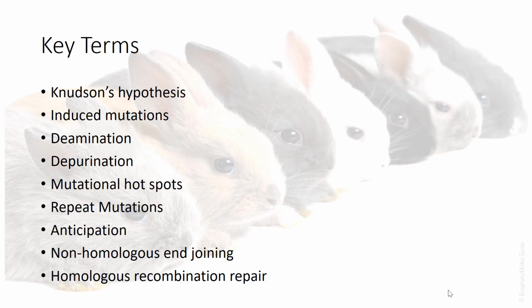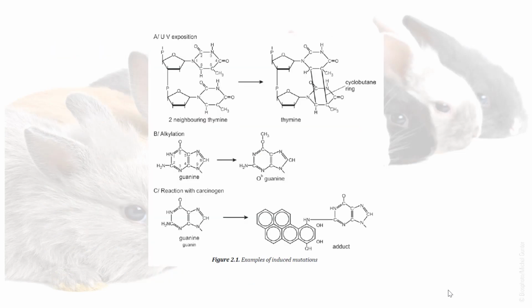Again, it is carried out by very specific machinery that is designed to recognize the issue in the DNA and then to repair it. All right, so here are our induced mutations.